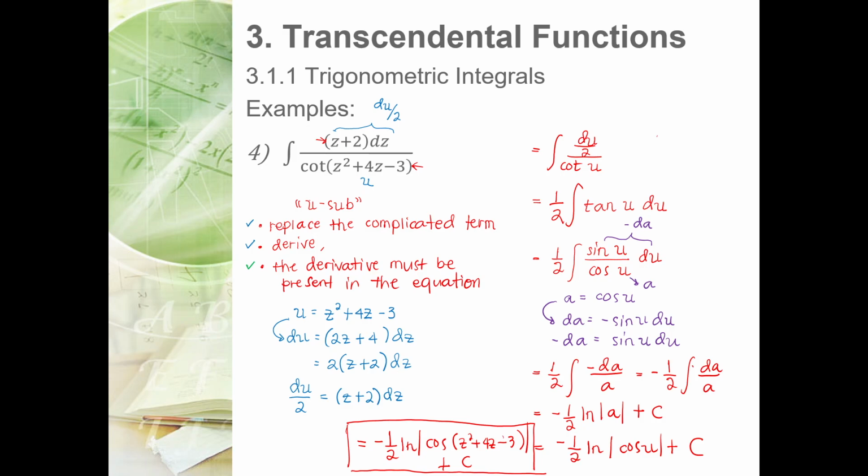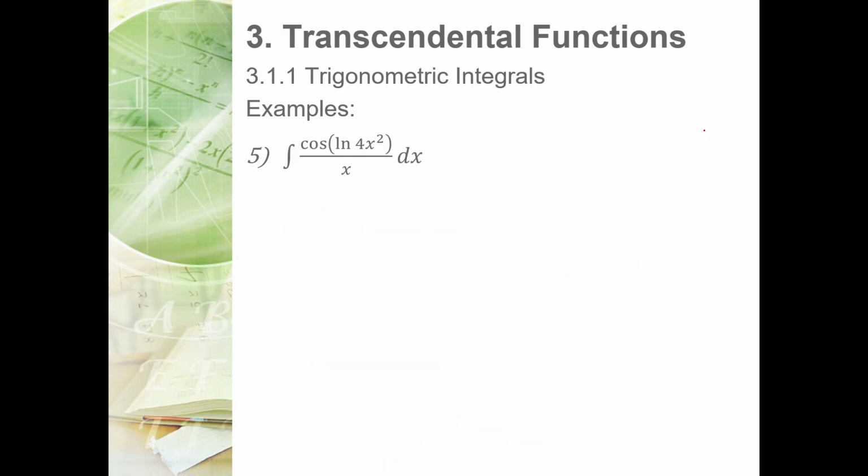So that will depend on how many times you're going to use the sub-technique in your solution. Okay, so questions or clarifications? Okay, so I hope you understood the process in this example. Okay, so let's go to the next example.